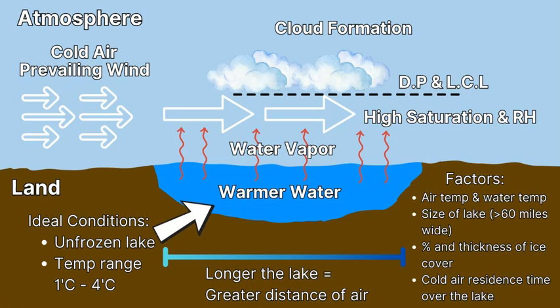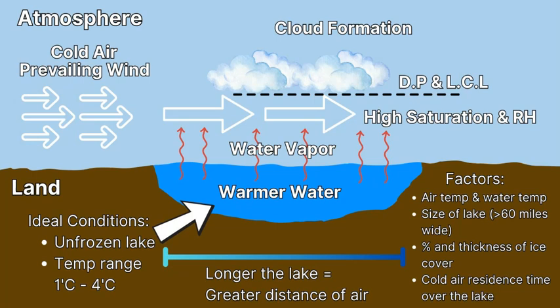The lake will produce water vapor and moisture that's going to rise up above the lake and interact with the cold air mass moving over the lake, and this creates the dew point, and at a certain altitude, which is the LCL, you'll get saturation and the formation of clouds and ice crystals based on the temperature of the ambient air, and you start to get this snow accumulation and the formation and development of snow squalls.